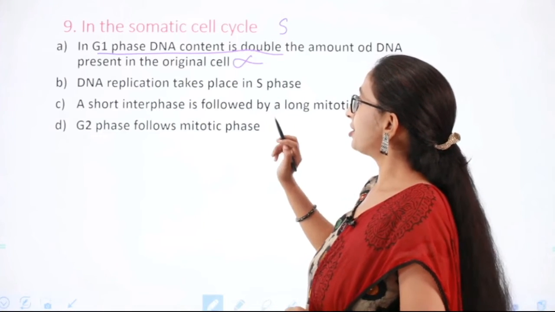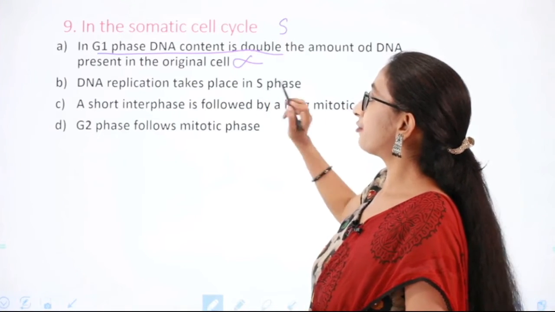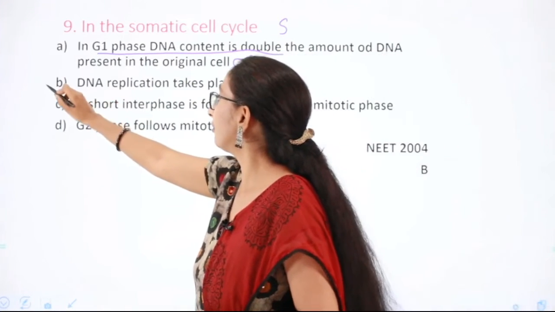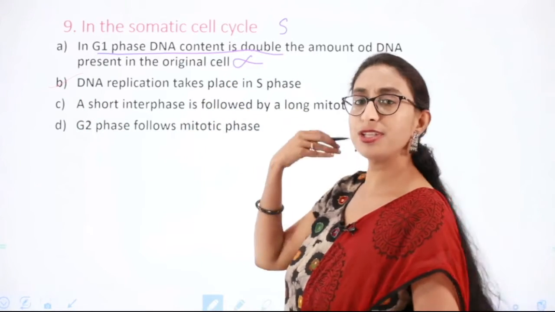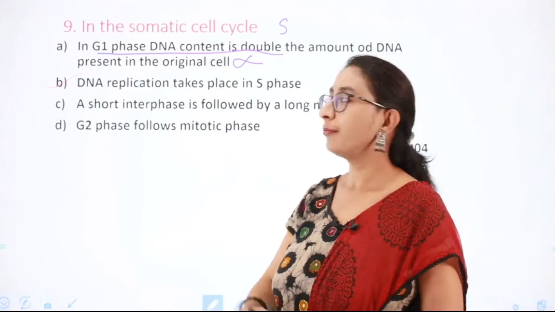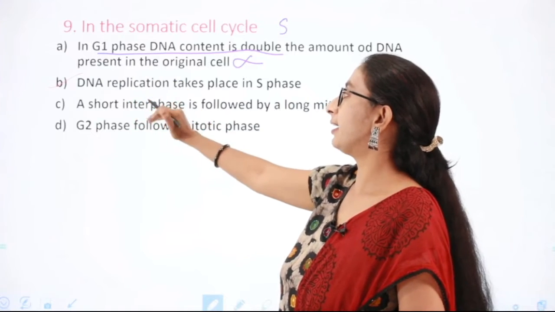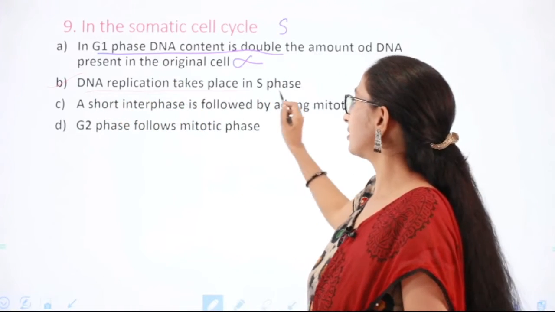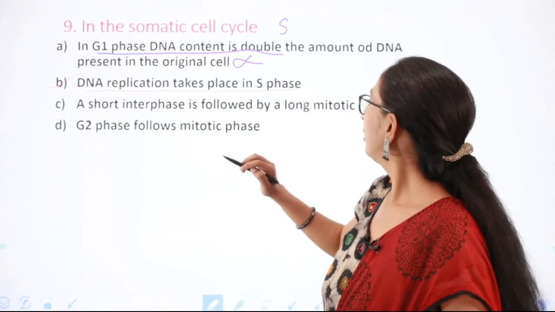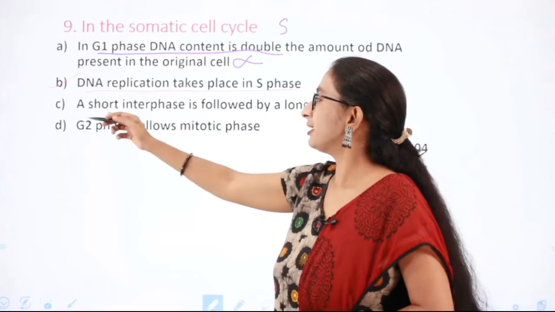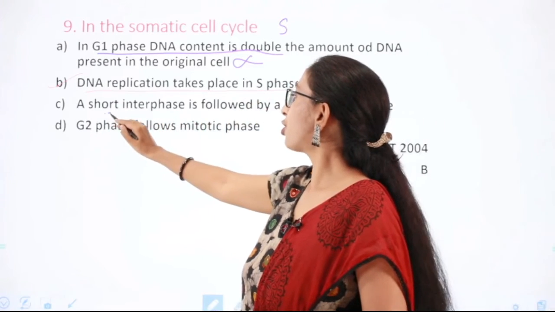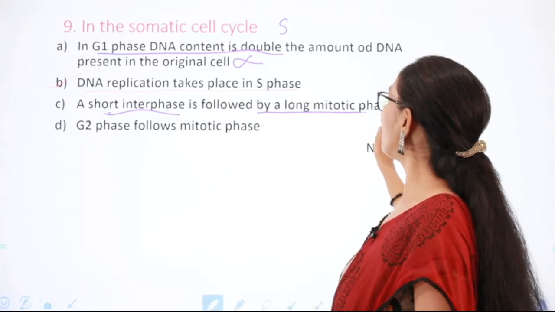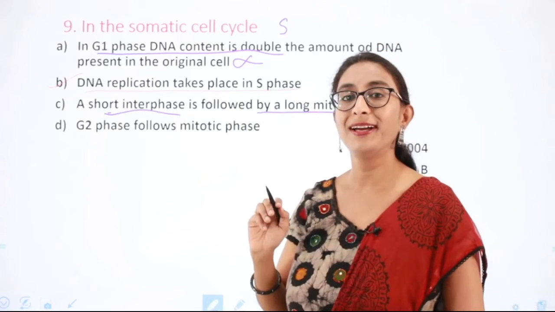DNA replication takes place in the S phase. Yes, DNA replication definitely takes place in the S phase, and the other options you need not even look into, because this is definitely the right answer. But let us look at the other options also. A short interphase is followed by a long mitotic phase. No, that is wrong.